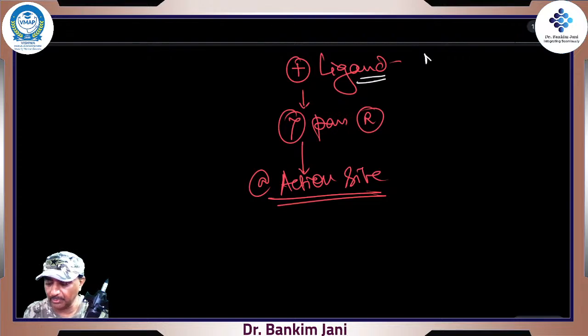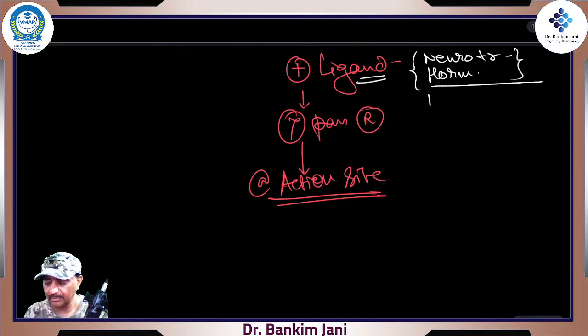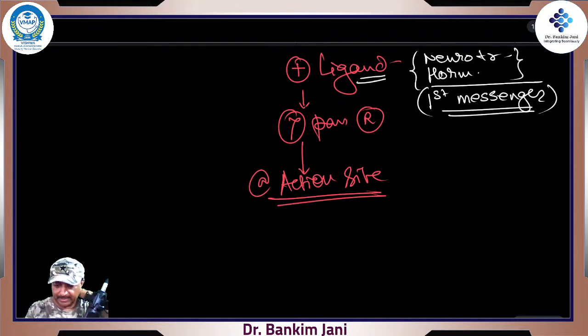It could be some neurotransmitter, some hormone, some drug. Whosoever it is, we'll call it the first messenger. It is the one who is sending, who is initiating this entire process.